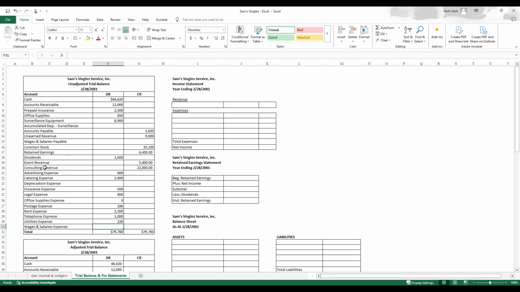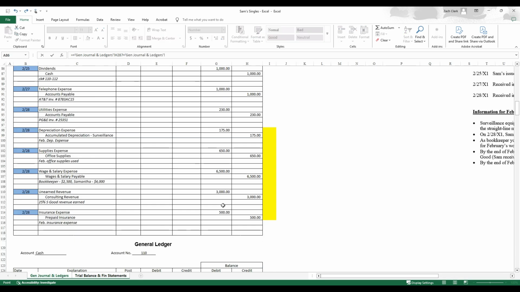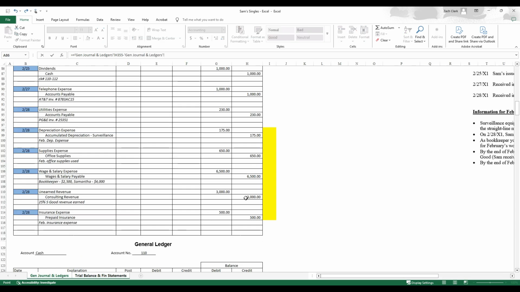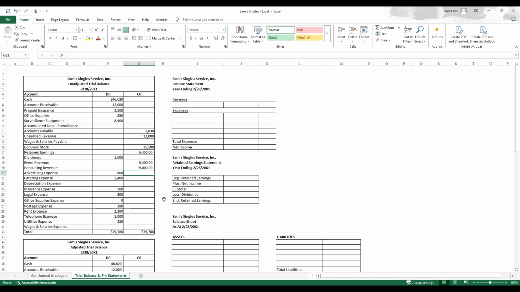So unearned revenue is where? Right here. So let's again go into the formula bar, add the 3,000. So now unearned revenue is back up. And then let's go to consulting revenue, go into your formula, subtract out the 3,000. So now we're balanced again.